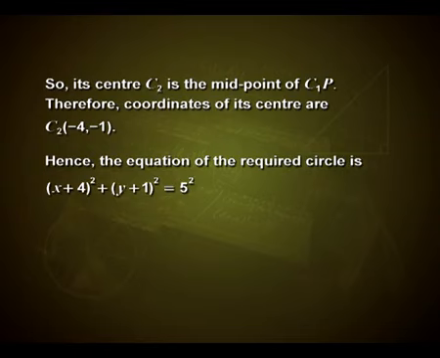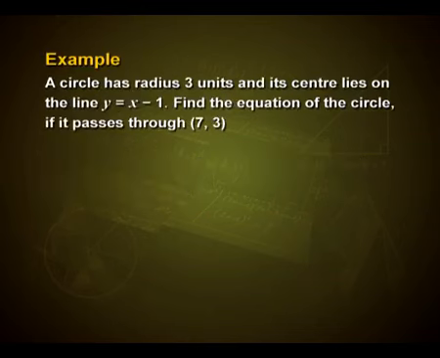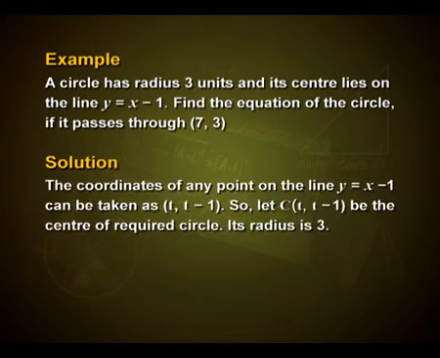Here we have another example which speaks of a circle which has radius 3 units and its center lies on the line y = x - 1. Find the equation of the circle if it passes through (7, 3). In the solution, the coordinates of any point on the line y = x - 1 can be taken as (t, t - 1).